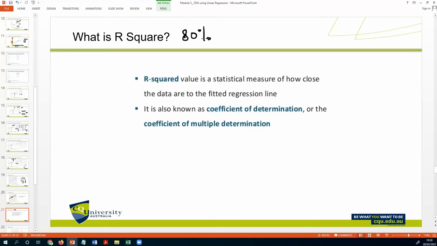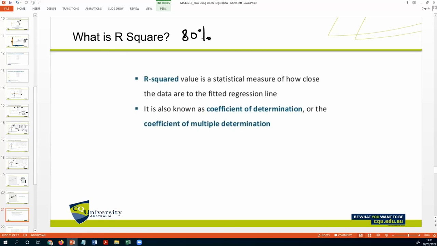It means the data represent 80% of the accurate model.